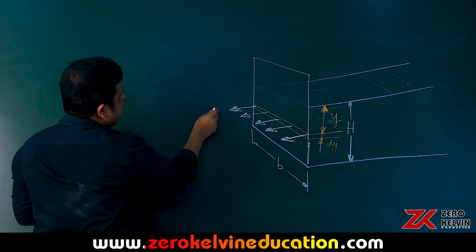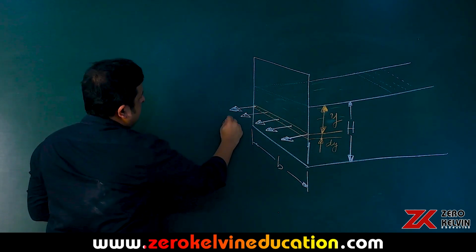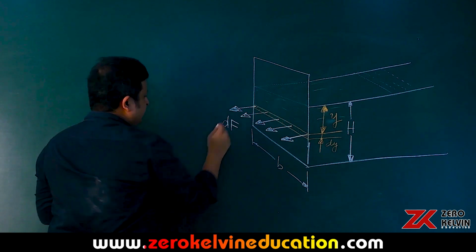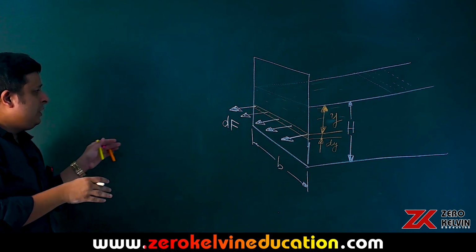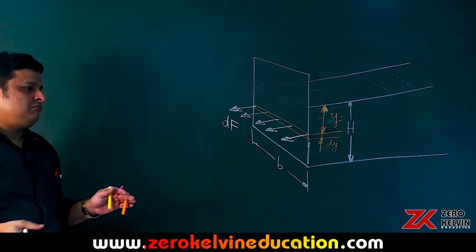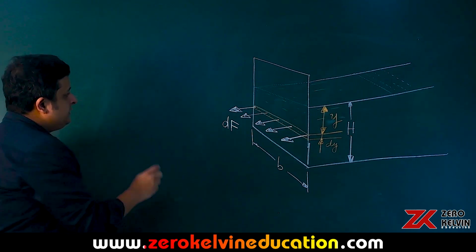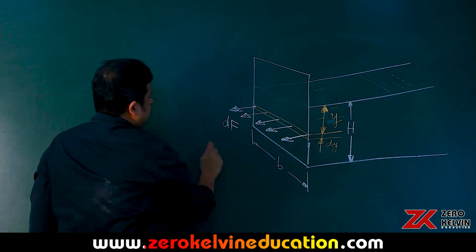Let the force be dF. Since the strip is small with finite pressure, the force will be small, so dF is the force due to liquid pressure on the rectangular strip.